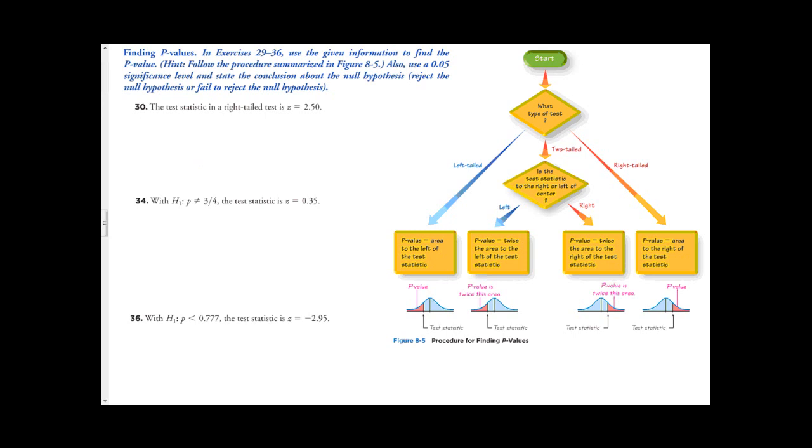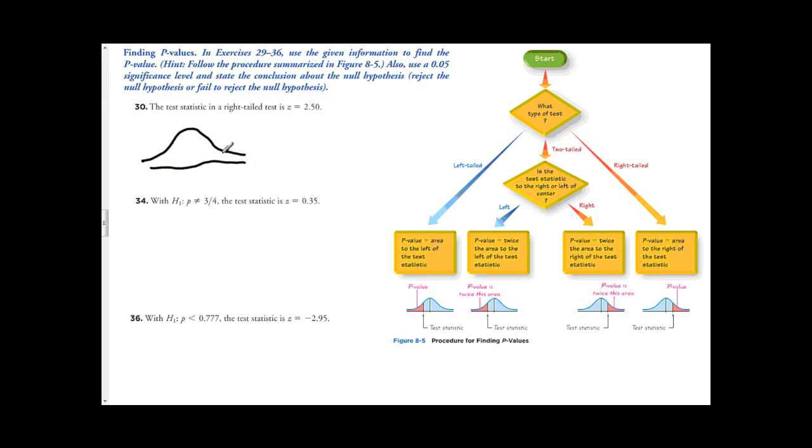Okay, so number 30 says the test statistic in a right-tailed test is z equals 2.50. So we have a test statistic in a right-tailed test. Let's see. A right-tailed test for significance.